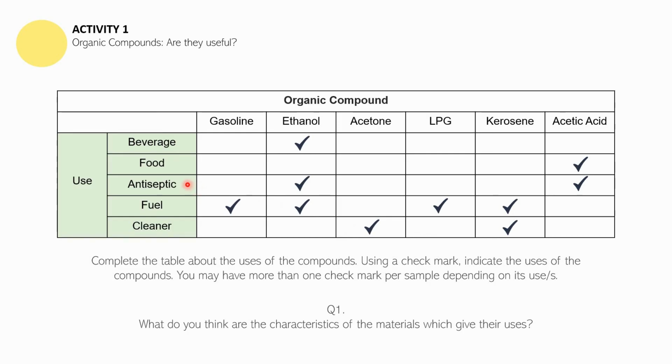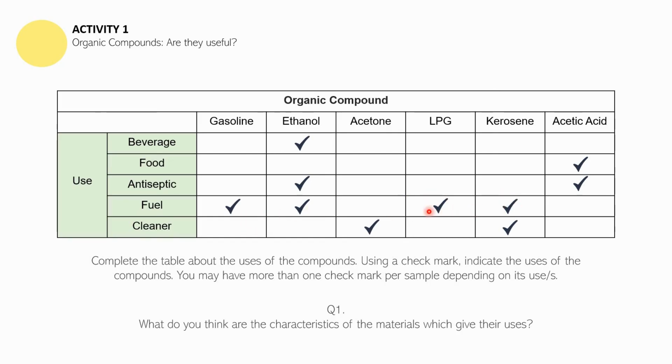So the characteristic of gasoline, ethanol, acetone, LPG, kerosene, and acetic acid, they have the following uses. Pero we can also say that the presence of a common element such as hydrogen and carbon makes them have almost similar uses. Say for instance, most of them can be used as fuel.